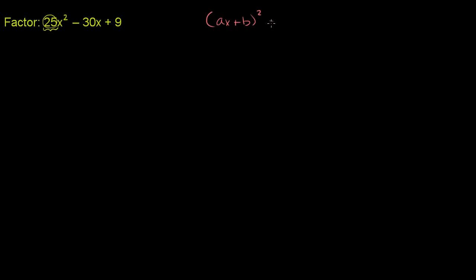Well, this is the same thing as ax plus b times ax plus b, which is ax times ax, which is a squared x squared, plus ax times b, which is abx, plus b times ax, which is another abx, plus b times b, so plus b squared.